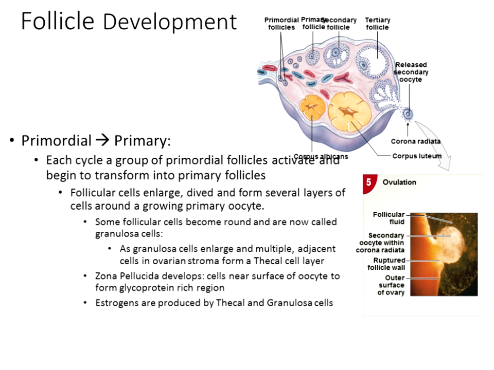Okay? So primordial to primary is what happens in every ovary, usually to a few primordial follicles every month. Some of what causes this change is unknown, but we know FSH plays a role in this. Right?